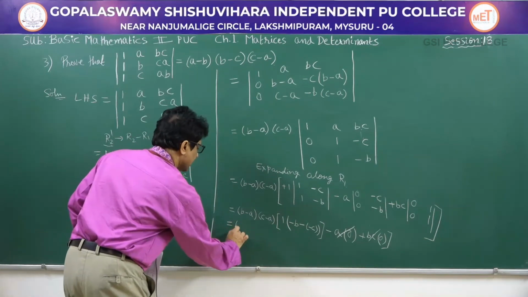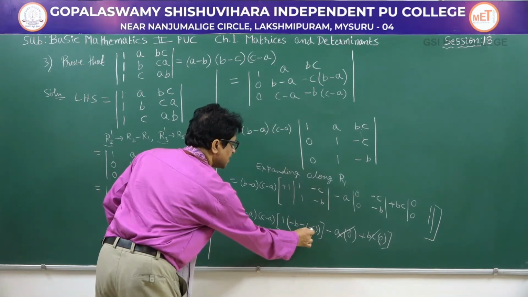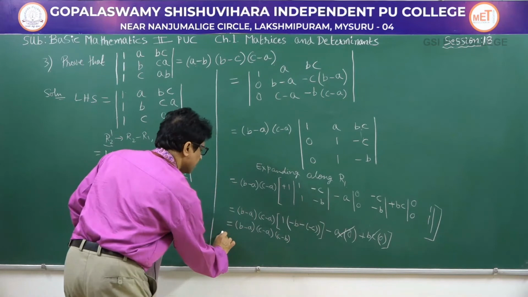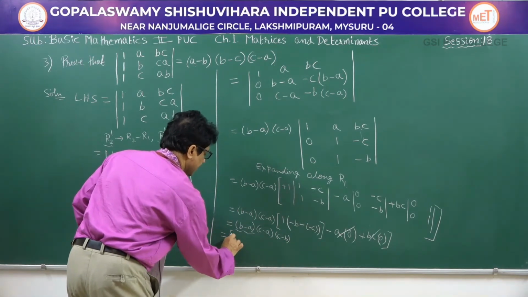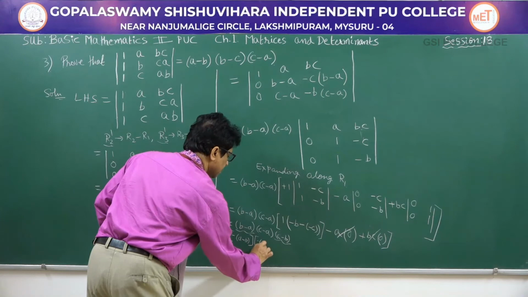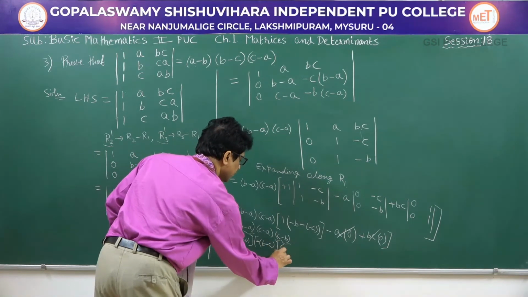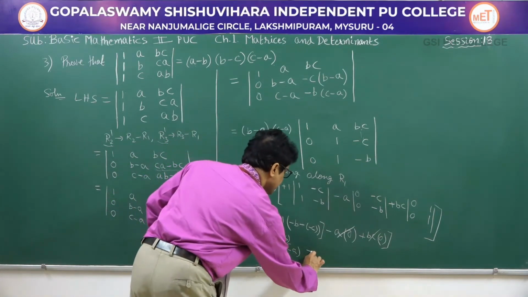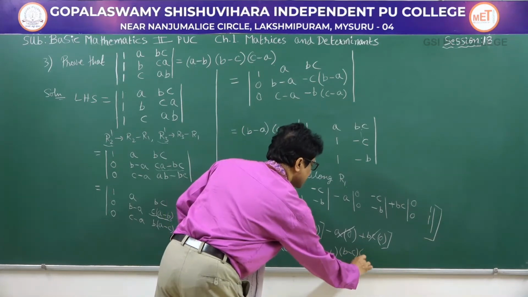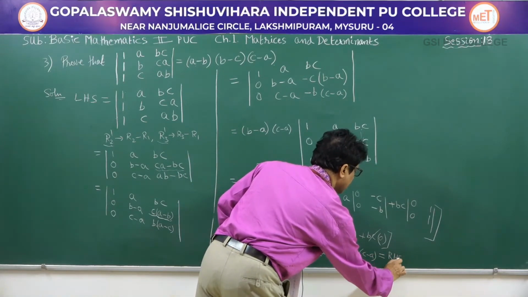So this will be equal to B minus A into C minus A into minus plus, that is C minus B. In this I take minus common, we get A minus B. In these terms I take minus common, we get B minus C into C minus A. So which will be equal to A minus B into B minus C into C minus A, which will be equal to RHS.